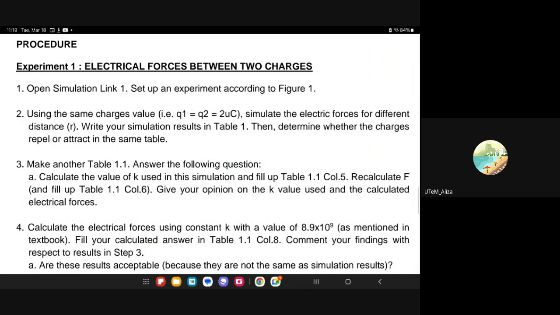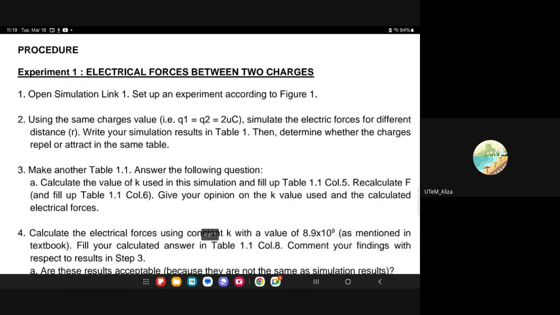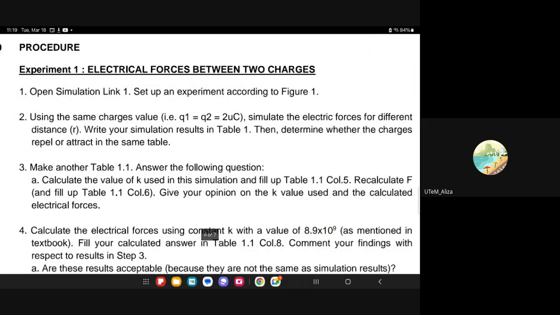If you have two charges with different polarity, one positive and the other negative, the electrical force between them is attraction. They will be attracted to each other.